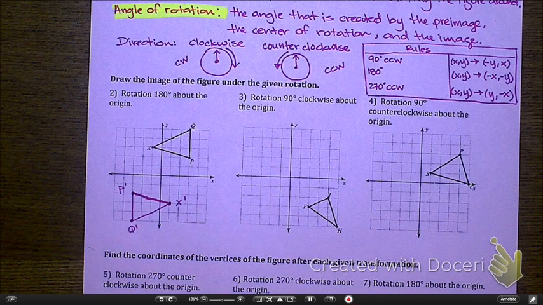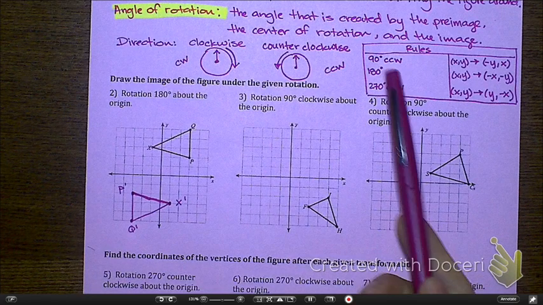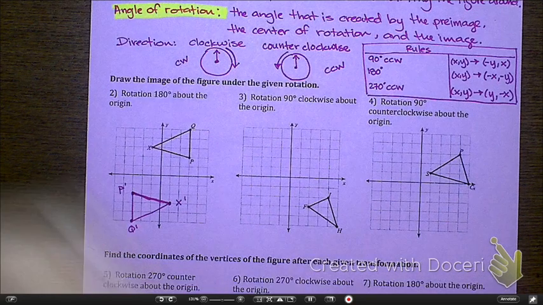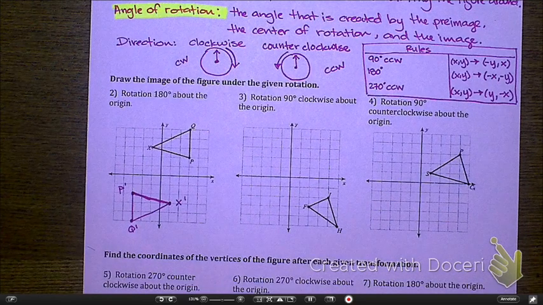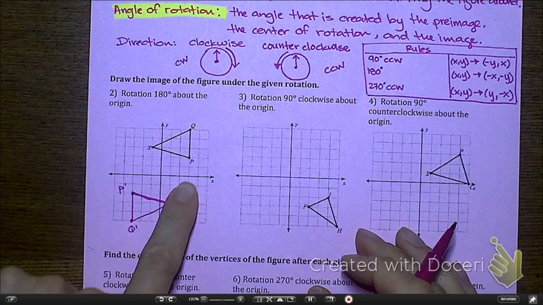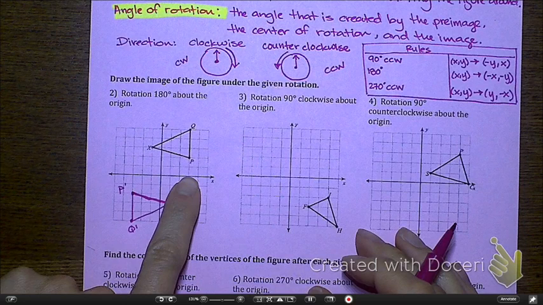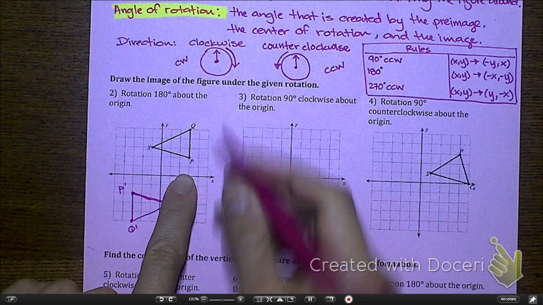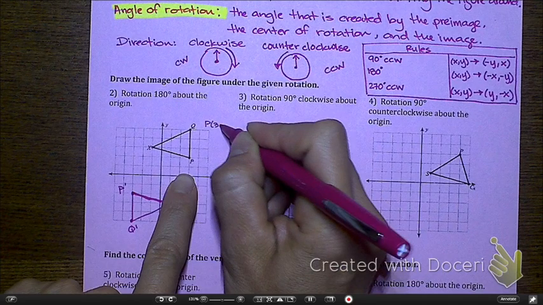Okay, now remember how I was talking about these rules? How you could rotate using the rule? Let's just say, for example, I just rotated this point P. What were the original coordinates of P? If I go over and up, P was 3, 2.